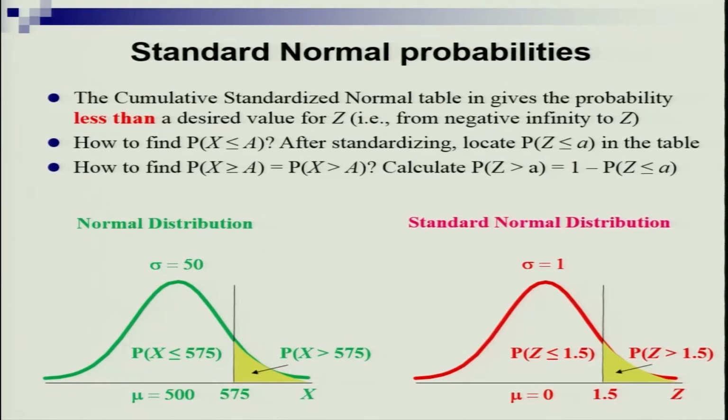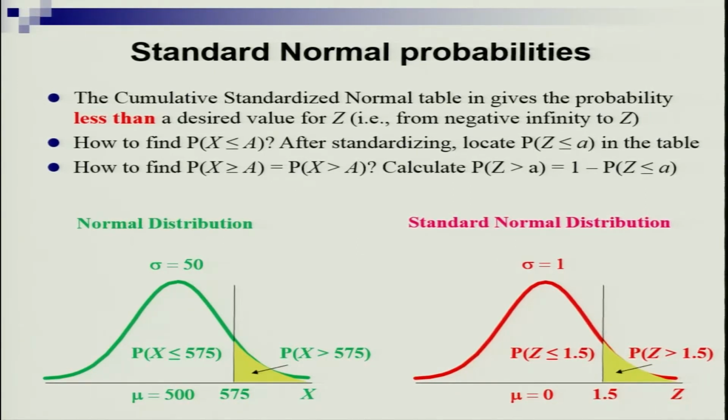So the area under the normal bell shaped curve on one side of this line is the probability that x takes a value less than or equal to 575. So how do we get the probability of x less than or equal to 575 from the diagram?